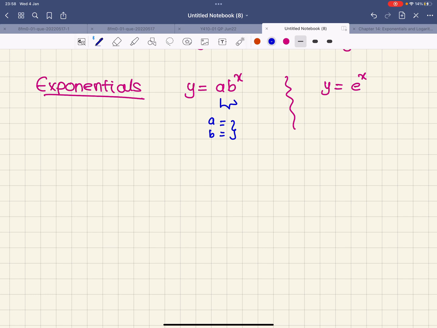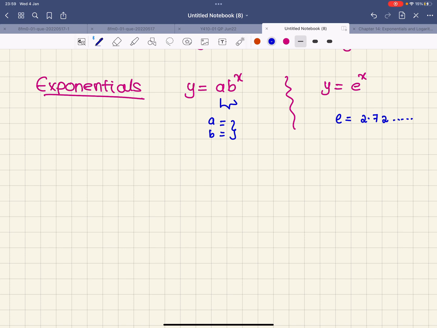Whereas in y is equal to e to the power of x, this e is a specific value. It's not exactly 2.72, but like pi 3.14 and so on, the value keeps continuing, and this is called Euler's constant, discovered by a mathematician called Euler.